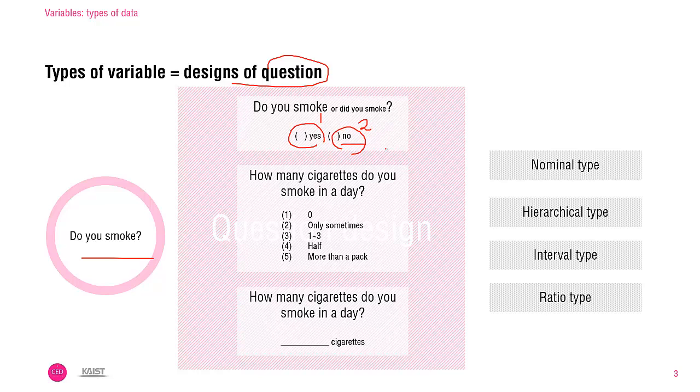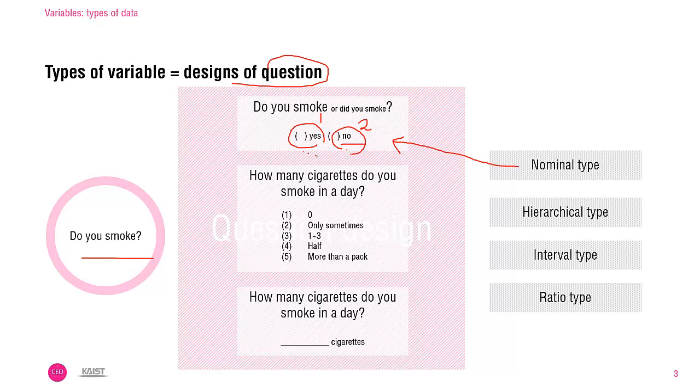Like this question, nominal data are simply unordered groups or categories. Without order between the categories, you can say only that they are different. Smokers, non-smokers, they are different. But you cannot say one is better than the other.